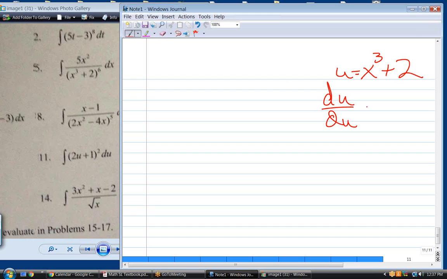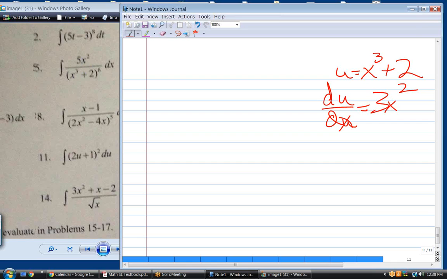3x squared dx. And it doesn't matter that this says 5x squared. What's important is that it says x squared. In other words, we need the degree of the variable to be the same as the degree of the derivative of the inside. It doesn't matter that that's a 5 and we're looking at a 3.